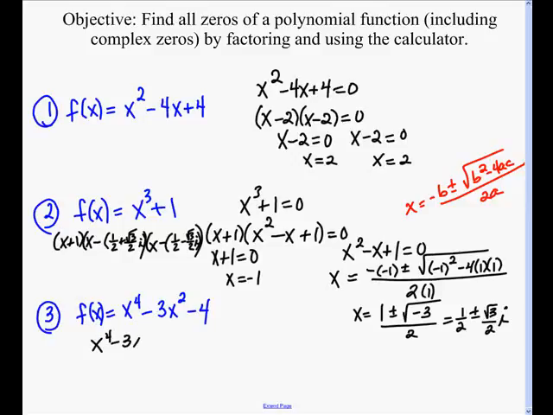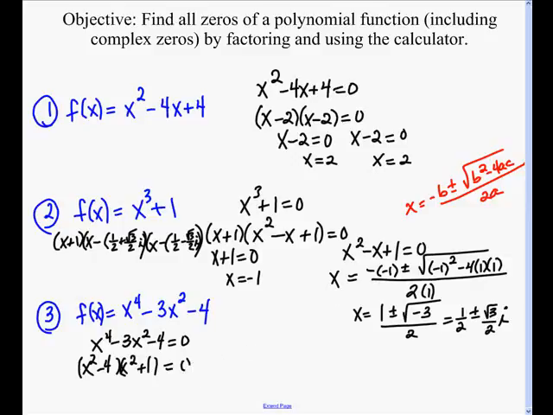Now, if we want to find the zeros of this last function here, we would say x to the fourth minus 3x squared minus 4 is equal to 0. Check to see if this factors. The factors of 4 whose difference is 3 are 4 and 1, so it does factor. So we would set the factors up as x squared minus 4 and x squared plus 1.